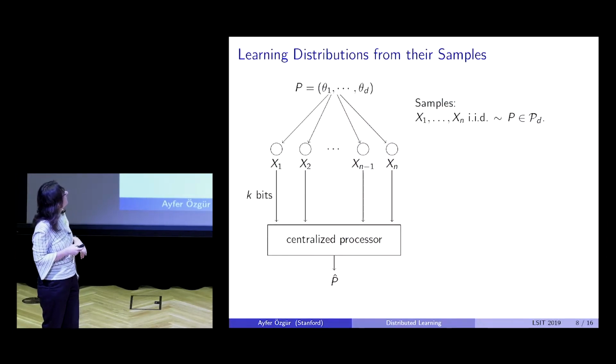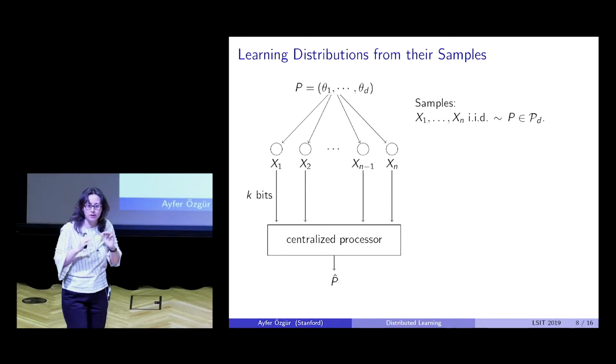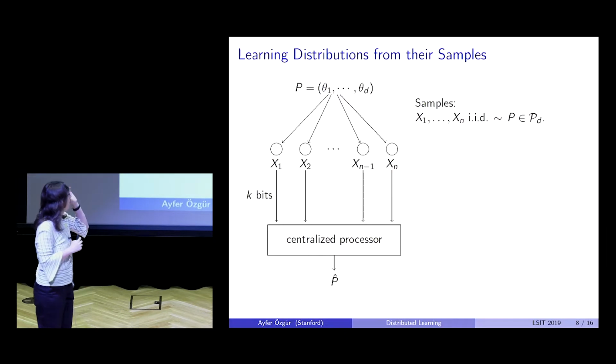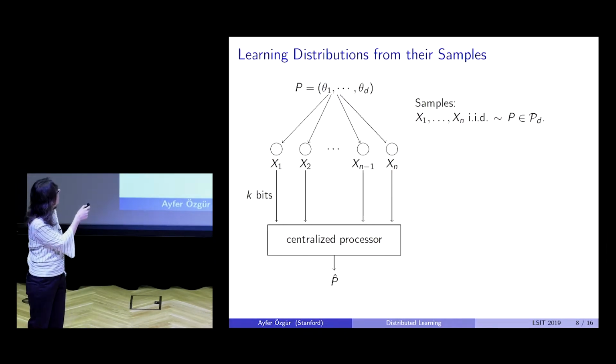Let me very precisely define the model I would like to focus on. I have an unknown discrete distribution. I know it lives on an alphabet of size d, but I don't know the probabilities.